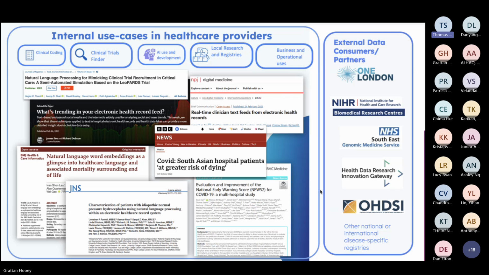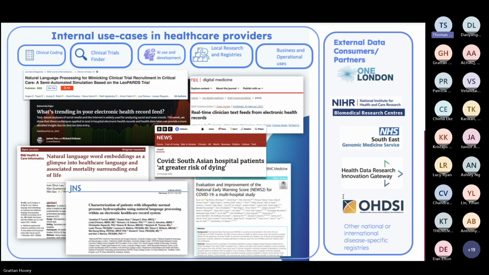And more recently, well, early days of language modeling, developing smaller language models through to more recent larger language models. So these serve a function within the hospital, but also we can start to populate or feed into requirements of external data consumers and partners, providing the structured information derived from the unstructured information for many different stakeholders.